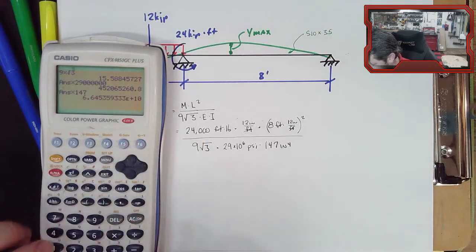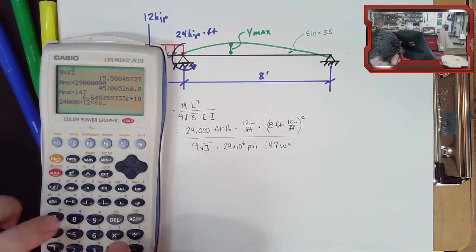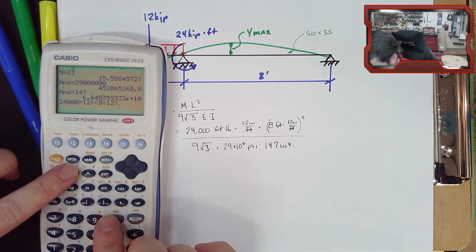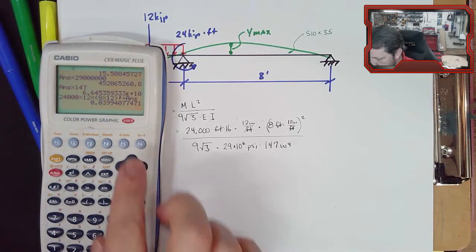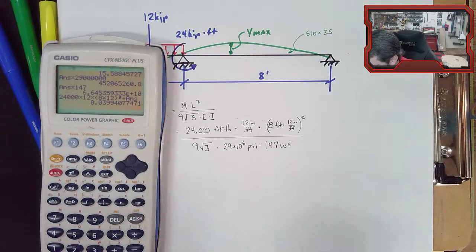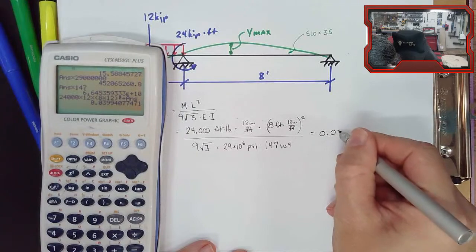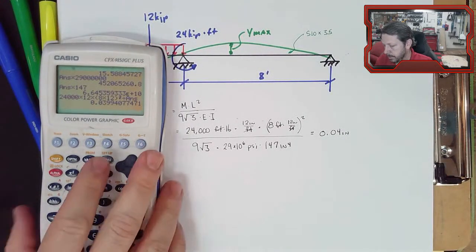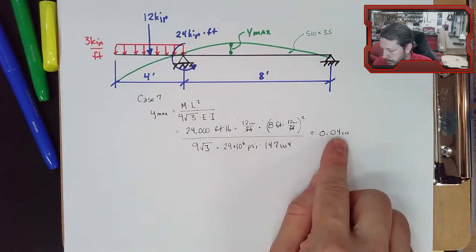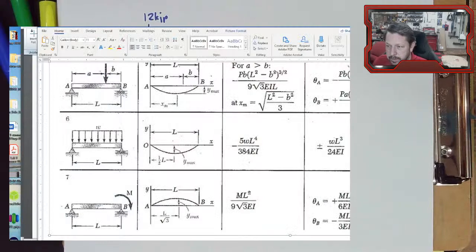There's our denominator. 24,000 times 12 times 8 times 12 squared, divided by the denominator. Not a lot: 0.04 inches.